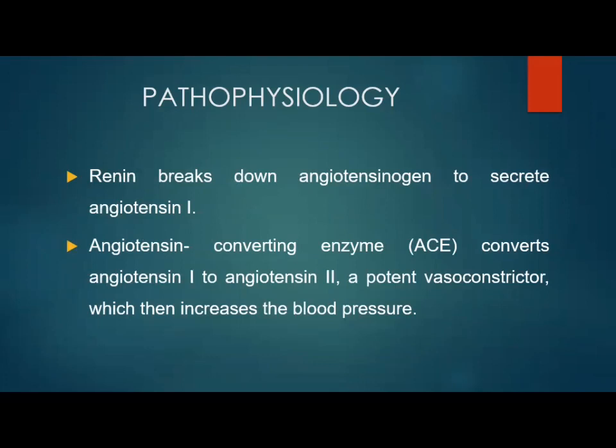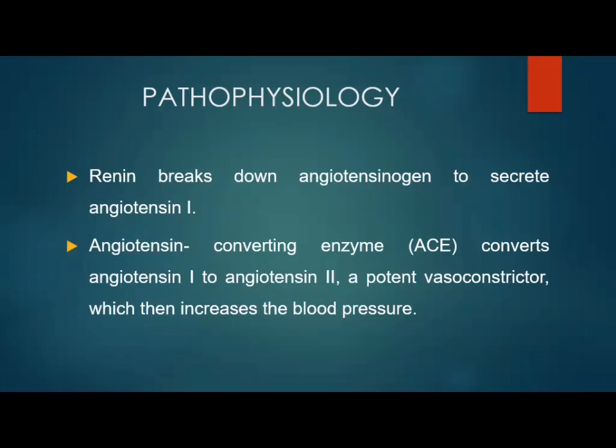Angiotensin converting enzyme converts angiotensin 1 to angiotensin 2, a potent vasoconstrictor, which then increases the blood pressure. In the previous lesson, we learned about the renin-angiotensin-aldosterone system.